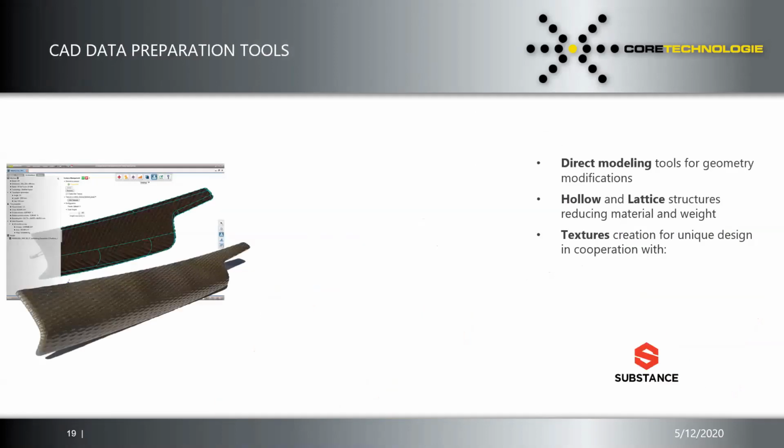One of the other processes is not only the direct modeling that was mentioned in the previous slide, but for hollow and lattice structures, this is a key also competitive advantage that CoreTechnologie has. It's something that's required in the industry, and this helps support your printing process to be able to reduce the actual material that's used. And then lastly is to be able to add texturing.